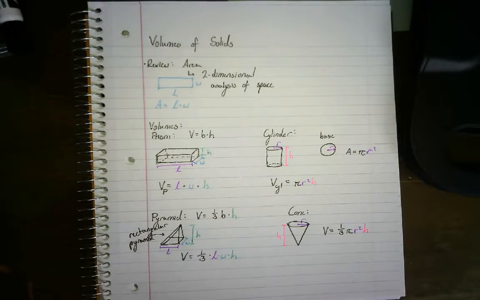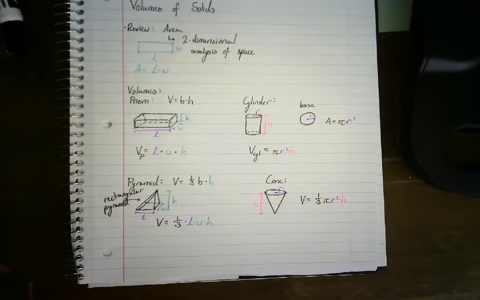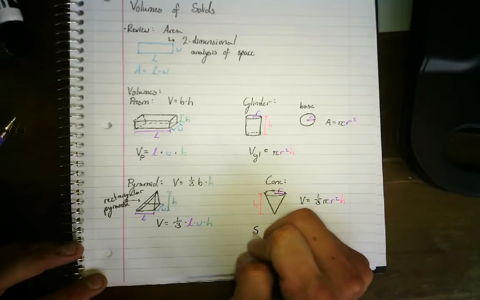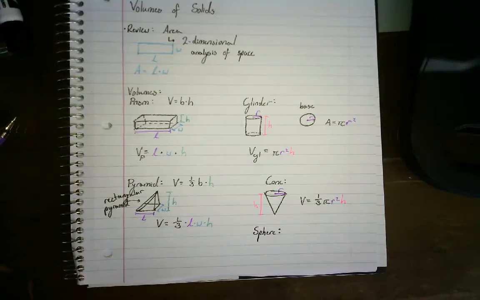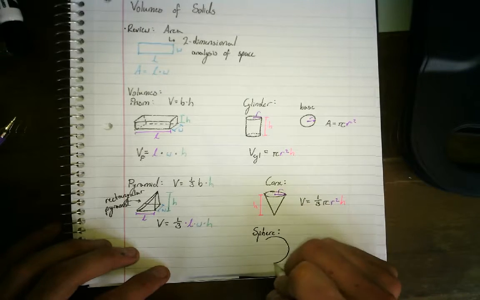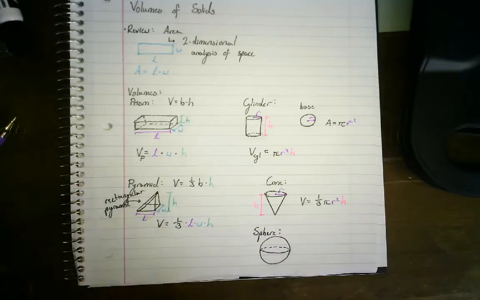So probably the most interesting, at least to me, the most interesting volume is that of the sphere. So the sphere is super interesting because there's really only one value or characteristic of a sphere that we need in order to define how much space it takes up. So we can draw out our sphere. It's got a little bit of a bulge, like so.